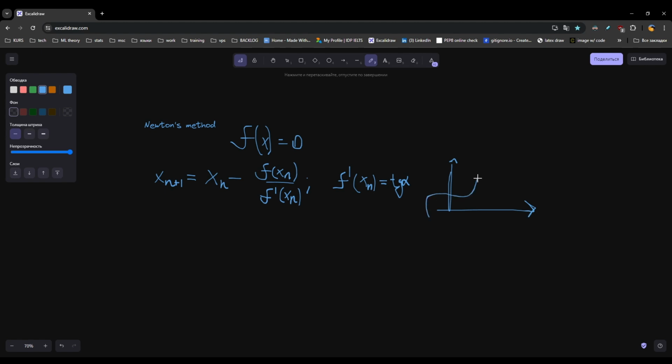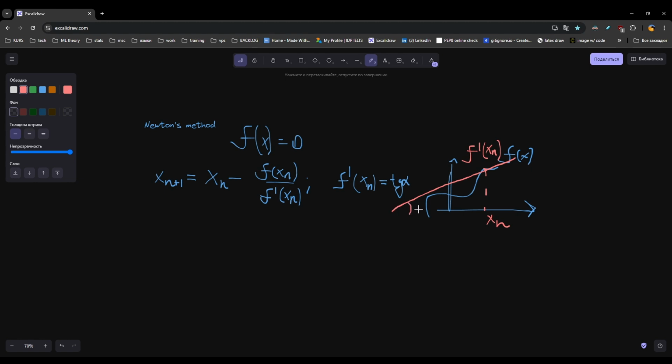So suppose we have some arbitrary function f of x, and we have some x of n over here, and we have a tangent line that intersects f of x in this point. It has only one intersection point with f of x, and this would be the first order derivative.